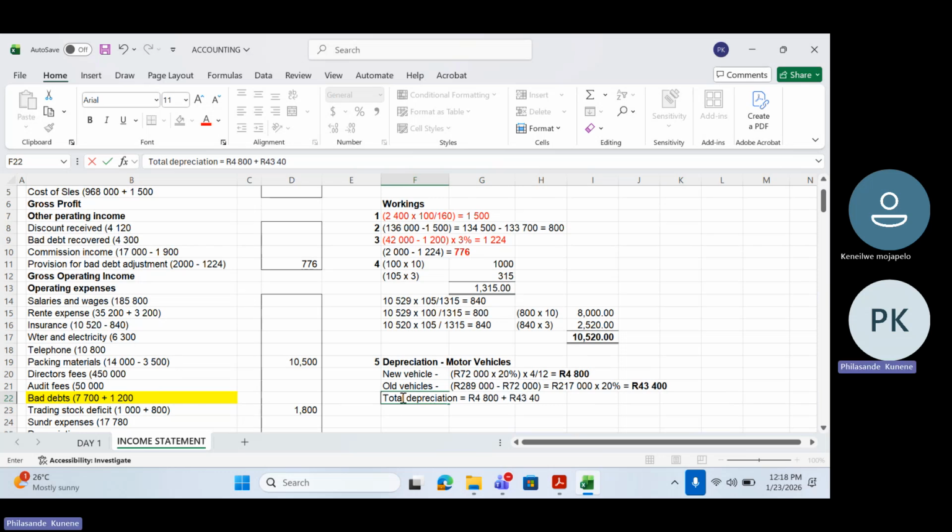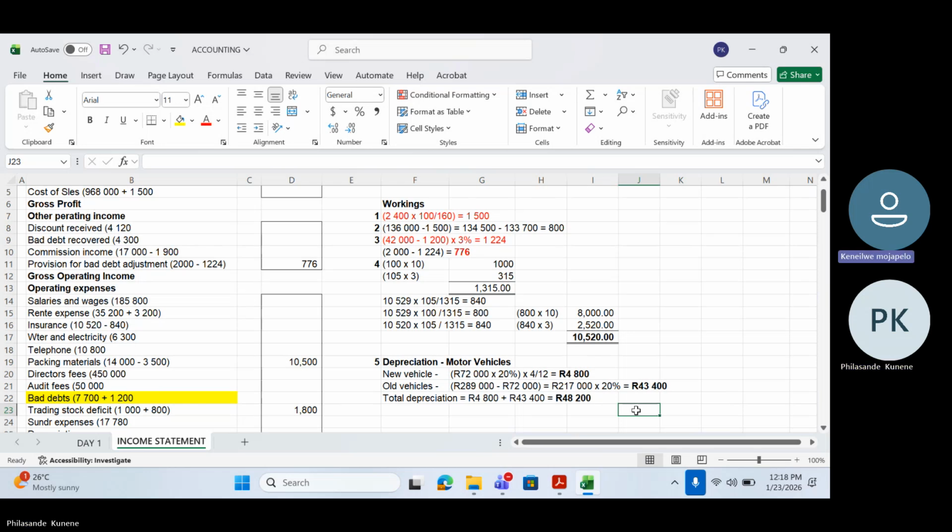How much are we getting? 48,200. 48,200 now. Okay, so this is the total depreciation now. Are you happy with how we calculated it? Yeah. Okay, thank you on that.